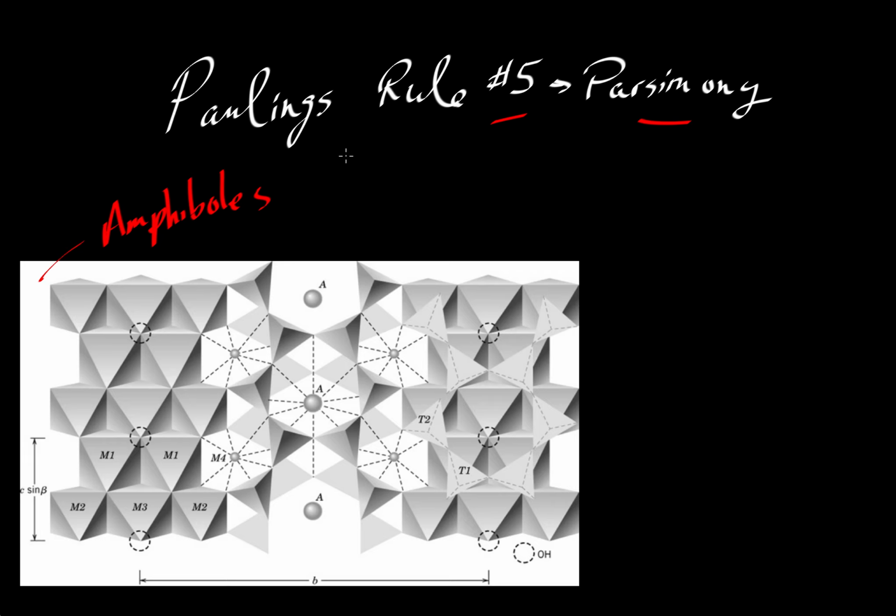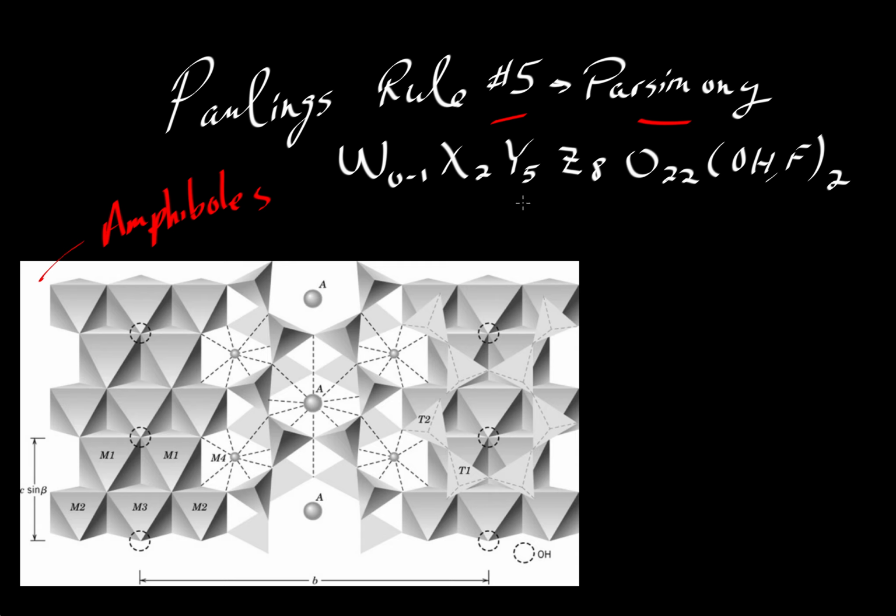The generalized formula is usually written something like this, where we have a W that has 0 to 1 atoms, and then 2 X atoms, 5 fellows that we refer to as Y, and then a Z, and we'll take 8 of those, 22 oxygens, and then we'll complete the charge balance by taking 2 of either a hydroxyl or a fluorine. So that's the generalized formula.